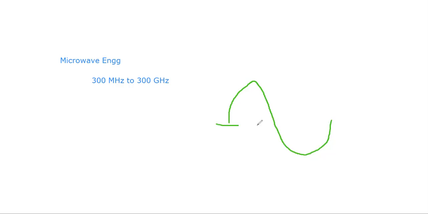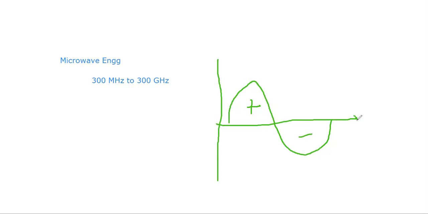Now this sinusoidal waveform has a positive half cycle and a negative half cycle. Okay, and this is your vertical axis. Now it starts with positive and negative.